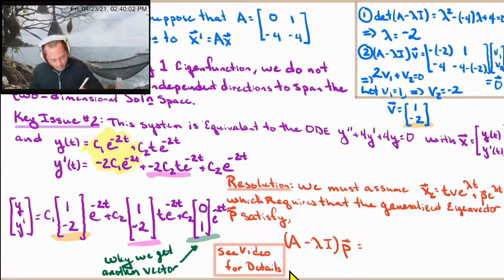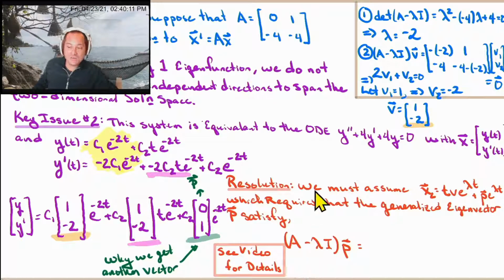What do I call this vector? I call this vector the p vector. And then the question will come up, how do we find this p vector? Well, here's the resolution to the problem. And for those that want to see a more detailed derivation, instead of this rule of thumb, we must assume in the repeated root case that the second solution is t v e to the lambda t, which is totally like what we felt for the repeated root case, but you pick up this little extra bit of stuff, which is p e to the lambda t.